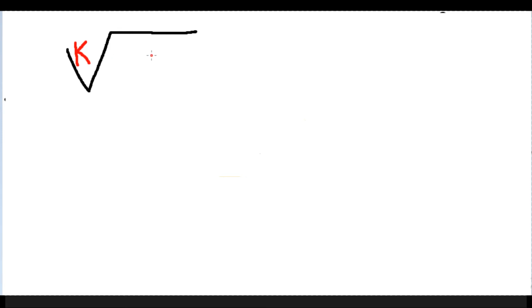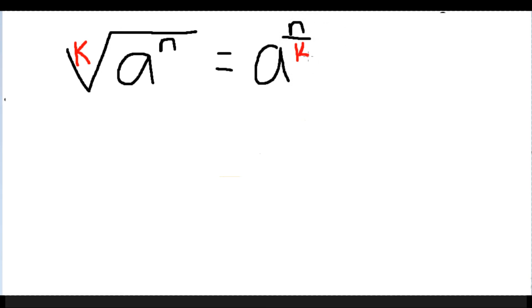So when we have a radical with index k, and the radicand is being raised to the nth power, well, we now know we can rewrite this in exponential form, where we take our base, our radicand, to the nth power, and divide it by whatever our index is.